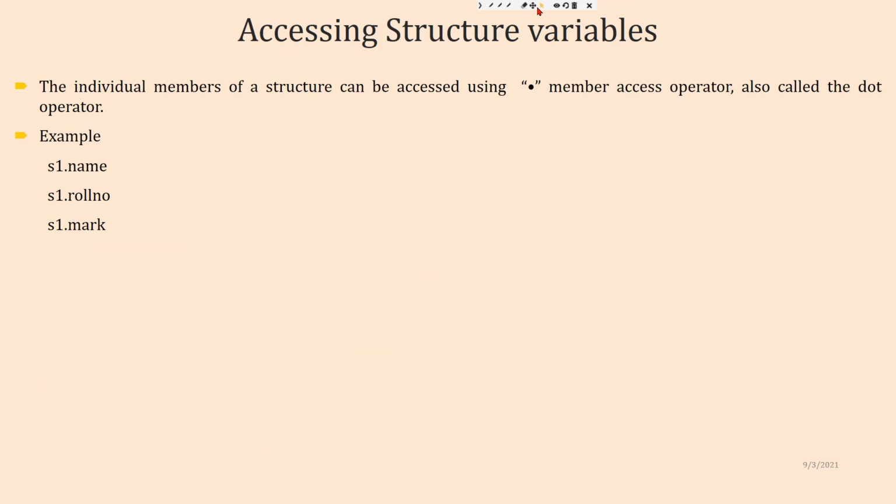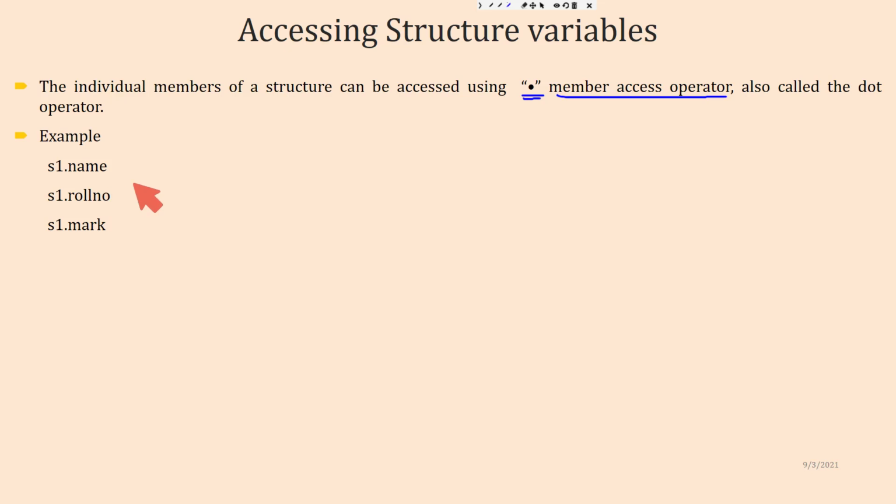Accessing structure variables. The individual members of a structure can be accessed using the dot operator, also called the member access operator. If I have a structure variable S1 and want to read the name, I will use S1.name.